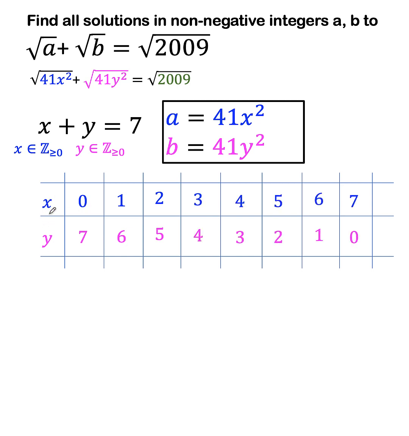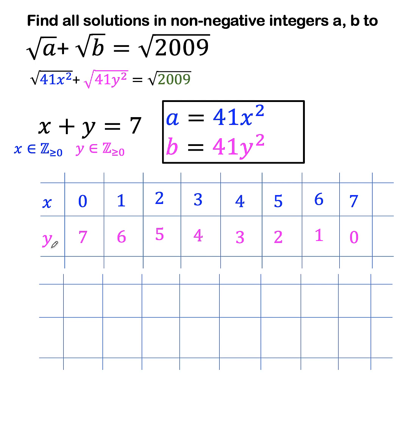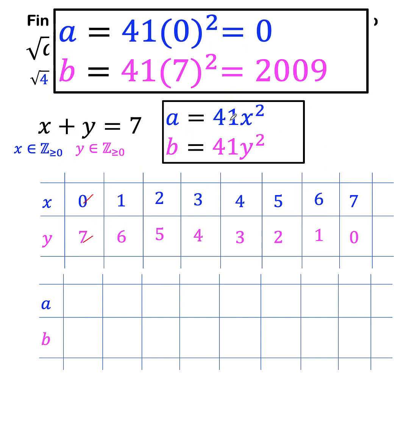Now, we have the values for x and y, and we know that a is equal to 41x squared, b is equal to 41y squared. So using now this expression, given this set of ordered pairs satisfying the value for x and y, it's just a matter of substitution. Now, if x equals 0 and y equals 7, then 41 times 0 squared is 0, and 41 times 7 squared is 2009.